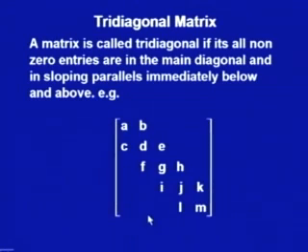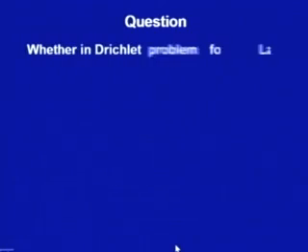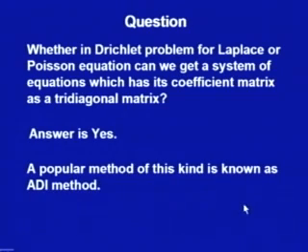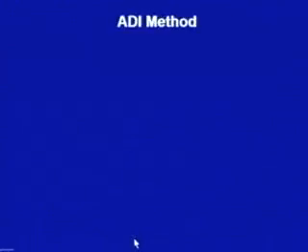So, can we formulate this Dirichlet problem for the Laplace equation in such a manner that the coefficient matrix is a tridiagonal matrix? The answer is yes, and a popular method of this kind is known as the ADI method. Now, what is this ADI method?